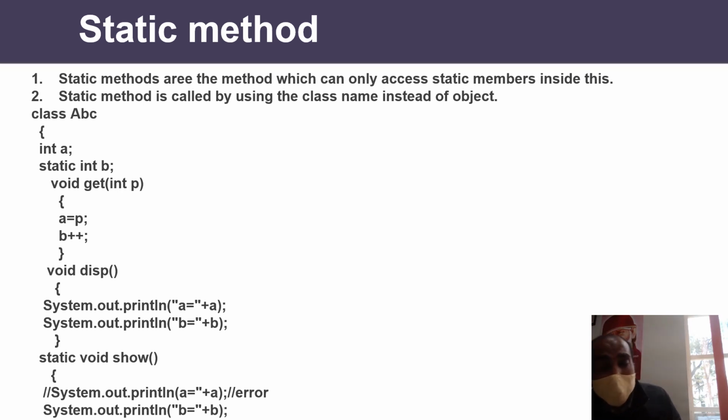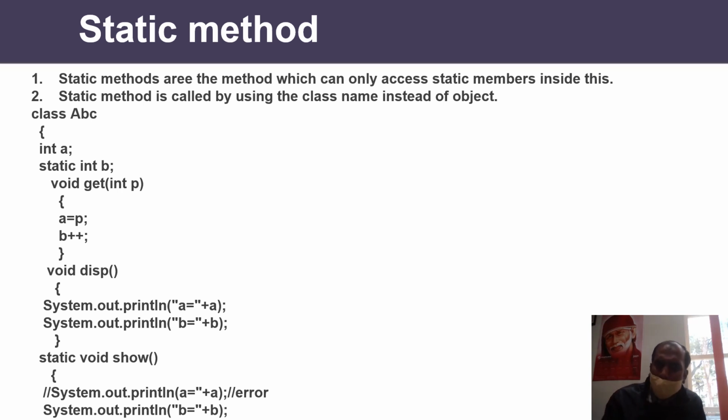Because it is just accessing static members, and static members are common for all objects, it doesn't contain anything which belongs to a separate object. It contains everything which belongs to the complete class, so it is not called by using an object. The second important point is that a static method cannot be called by using an object; it is always called by using the class name.